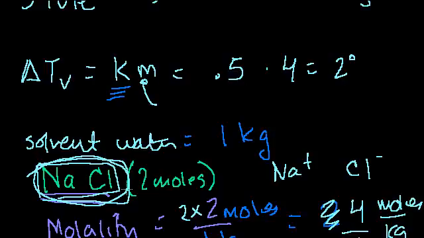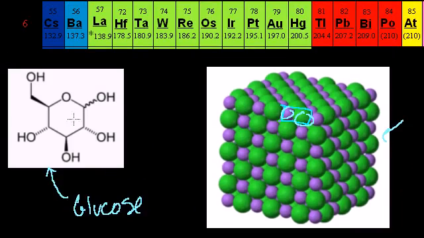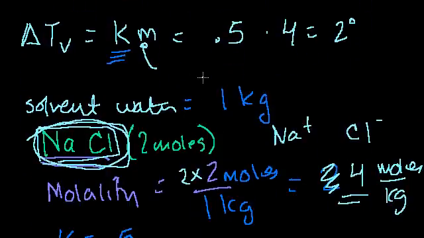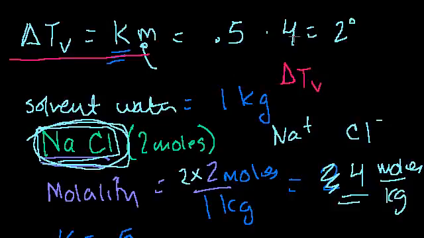Now, if I had the same number of moles, 2 moles of glucose dissolved into my water, I would only get half of an increase, because the molality would be half as much, because it doesn't turn into 2 particles. In some textbooks, you'll actually see the same formula written like this: change in boiling temperature, or vapor temperature, or whatever you want to think, is equal to K times M times i, where M is the molality of the compound you're talking about.